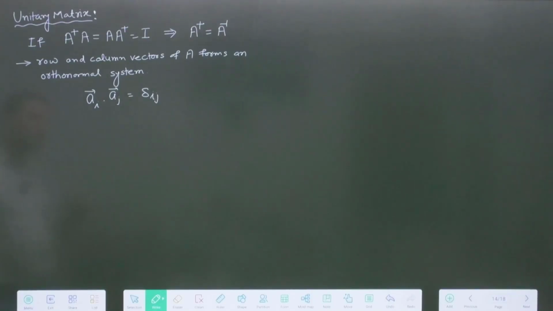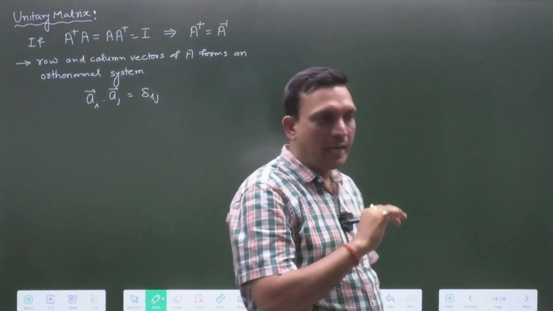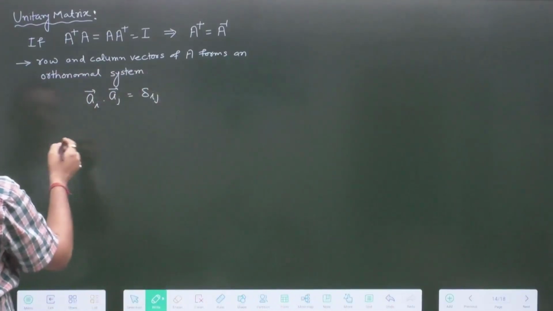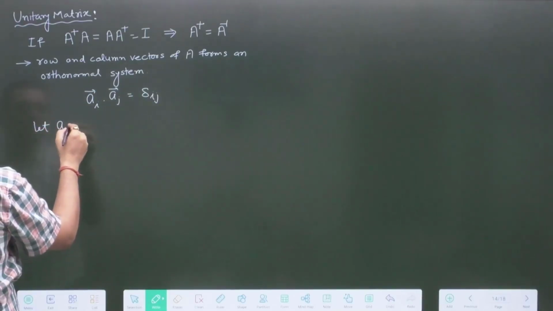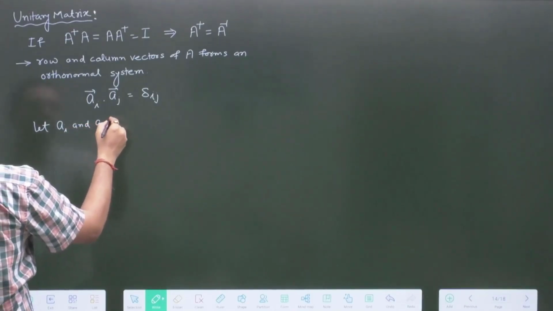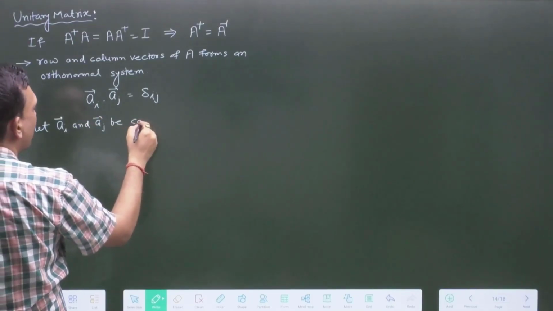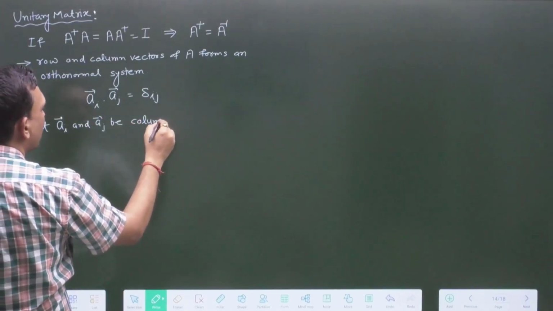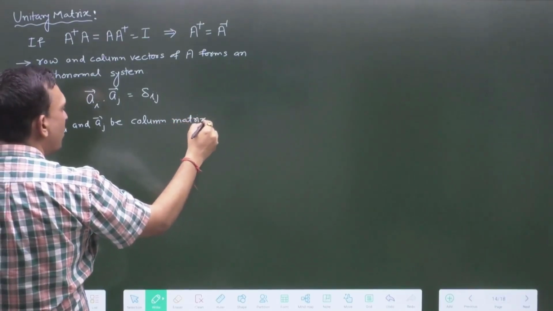But how have we defined the inner product? For real matrices, we have. For complex matrices, let Ai and Aj be column matrices. They are complex matrices.